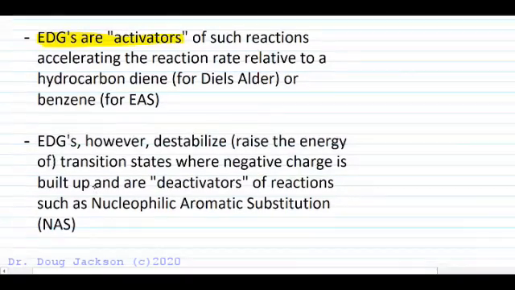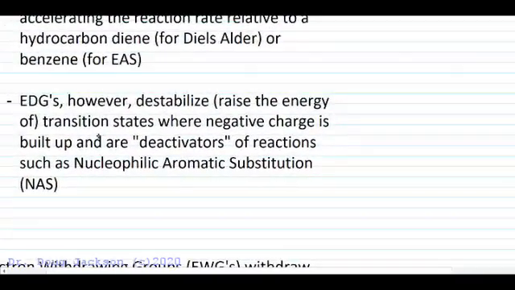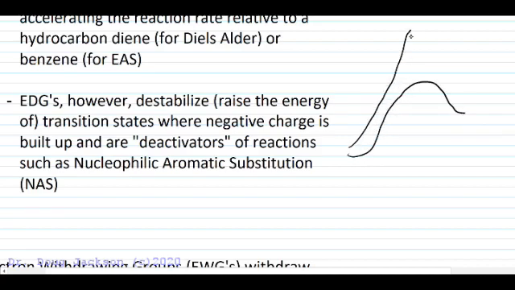So back to our destabilizing group, it can raise the transition state energy where negative charge is built up. If we have nucleophilic aromatic substitution and that transition state goes to an intermediate or a transition state where negative charge is built up, if we were to put a donating group on, here's our donated version, it would disproportionately raise that transition state energy potentially and thus slow down the reaction.